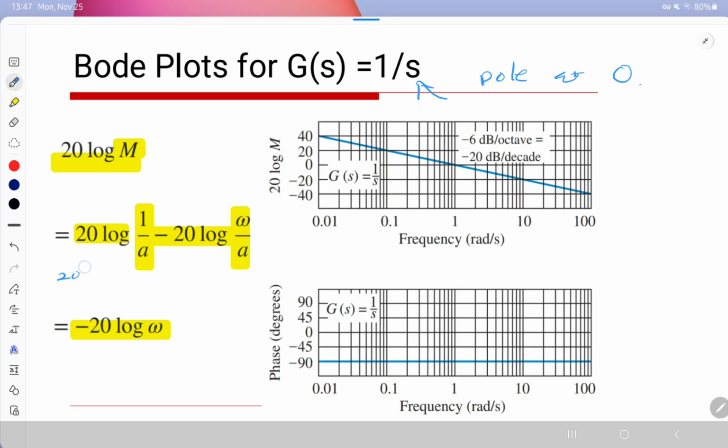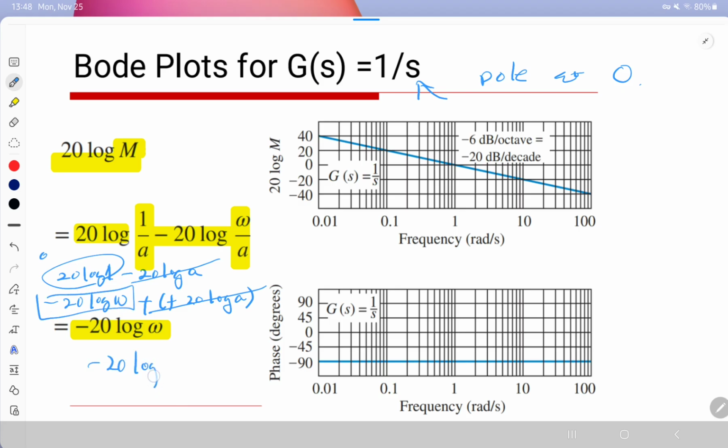So that's the same as 20 log 1 minus 20 log A minus 20 log omega, that is 1, minus 20 log A. So this cancels out, and minus 20 log A plus 20 log A cancels out. That is 0, and you end up with minus 20 log omega.